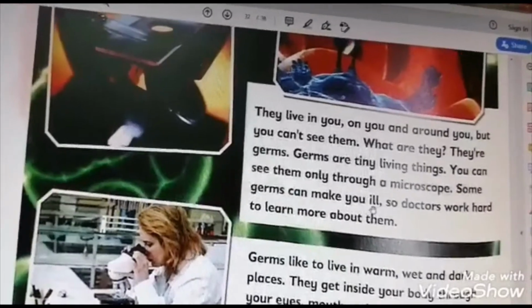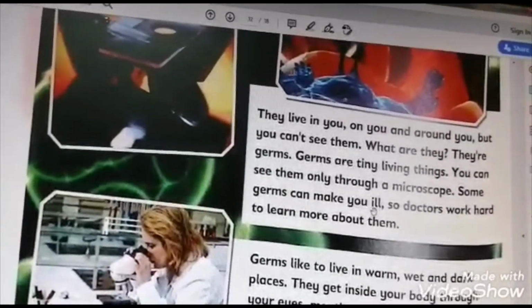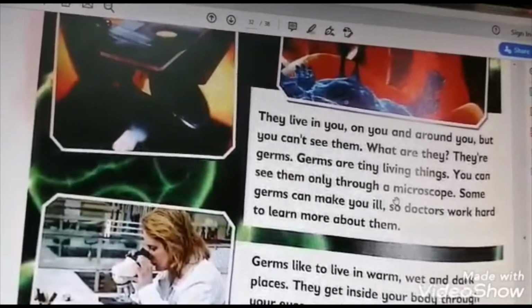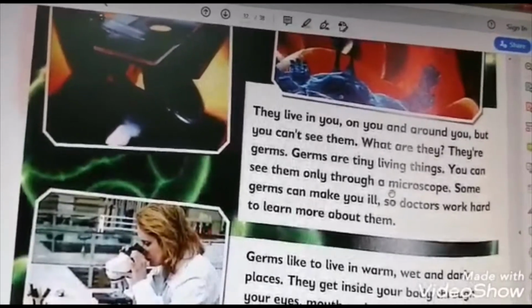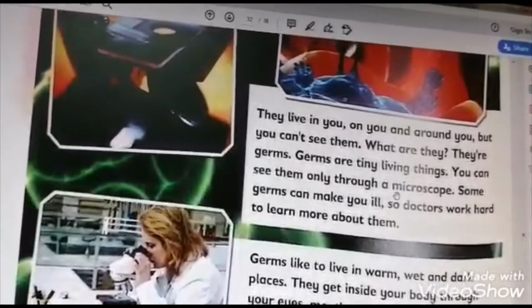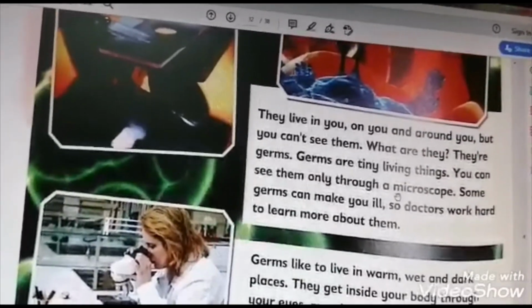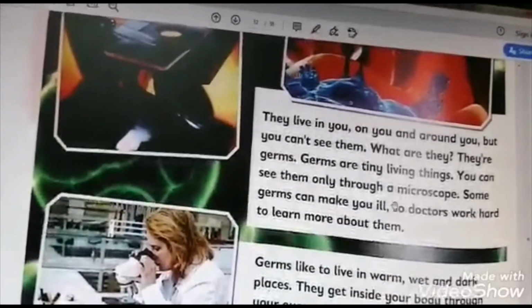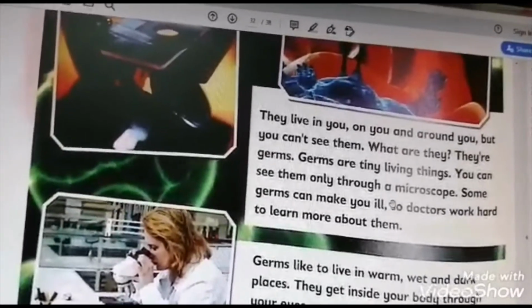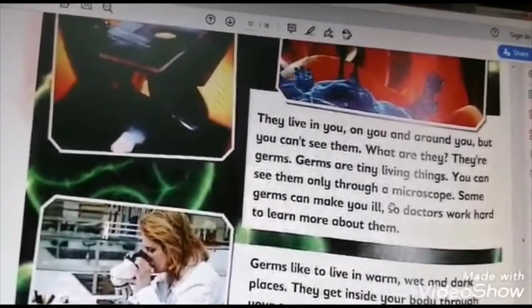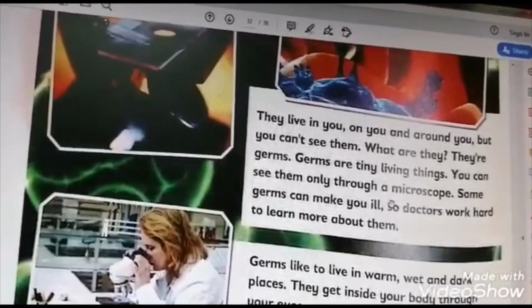Yes, we can see them, but we can only see them through a microscope. So what can germs do to people? They can make them ill. How do they get inside our body? Through our eyes, mouth, and nose.